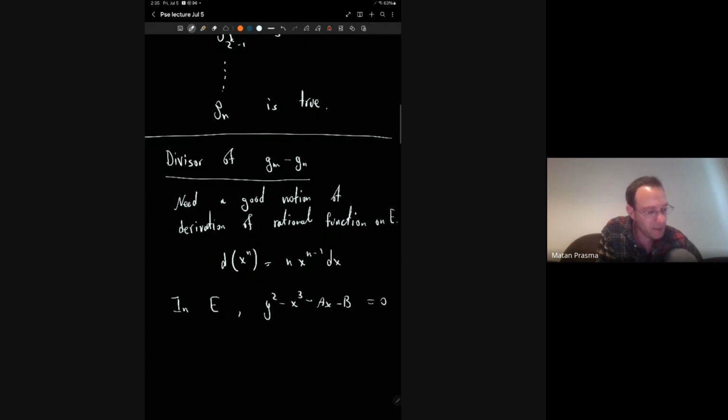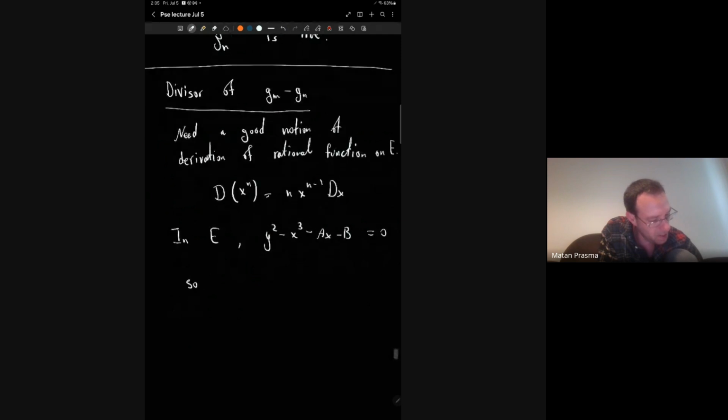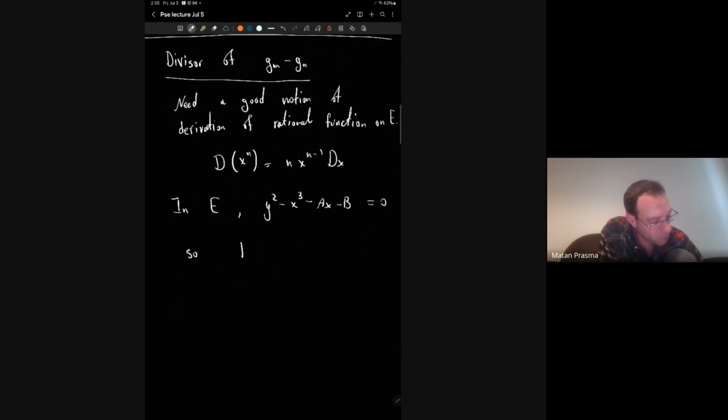Let me use big D instead of small d. The derivative of this whole thing, y squared minus x cubed minus ax minus b, needs to be 0, and what I get is 2y times dy must be equal to 3x squared plus a dx.